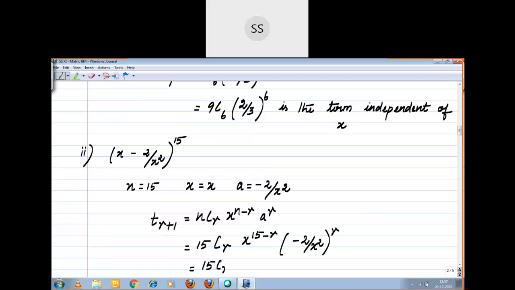Then 15CR x power 15 minus r, minus 2 to the power r, x power minus 2 the whole power r. Here what I did, the power of x I shift to the numerator, so it becomes negative.